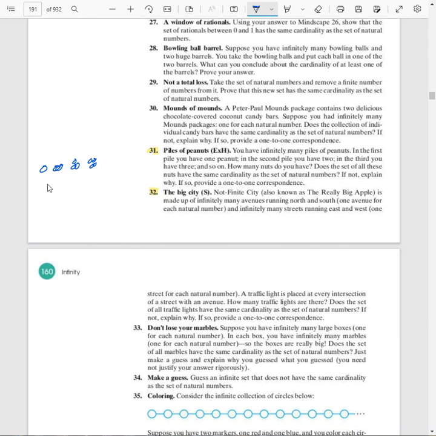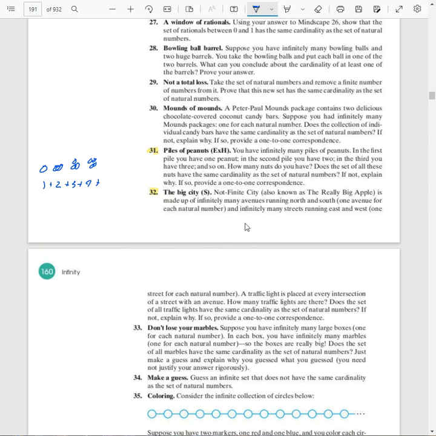Are we adding these up? How many nuts do you have in total? So I'm asking for 1 plus 2 plus 3 plus 4 and so on. Is this the same as the cardinality of the set of the natural numbers? If not, explain why. If so, provide a one-to-one correspondence. Awesome sauce. I'm going to leave that one for you to look at.